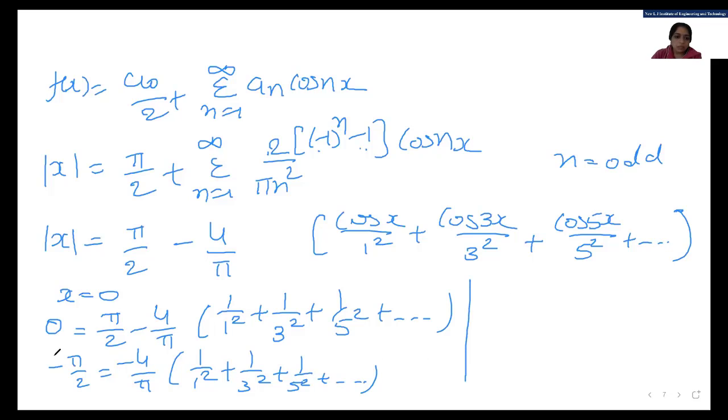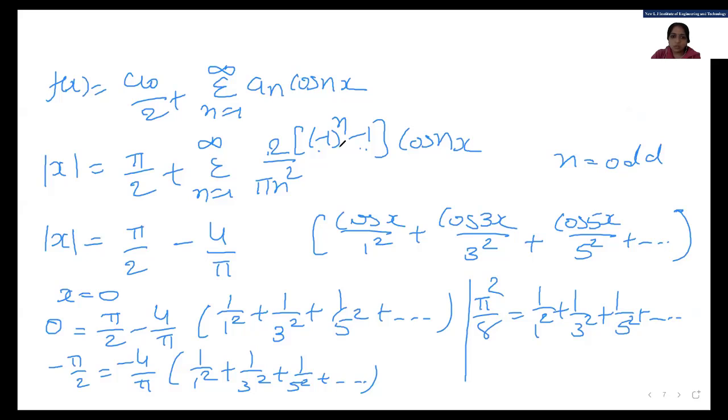And if we take minus common from both the sides and we take 4 by pi to the left hand side, our answer will be pi square by 8, 1 upon 1 square, 1 upon 3 square, 1 upon 5 square, like that. Students, again I repeat, if we take n equal to even, this term will be 0. Okay, so we'll continue for n equal to odd only.